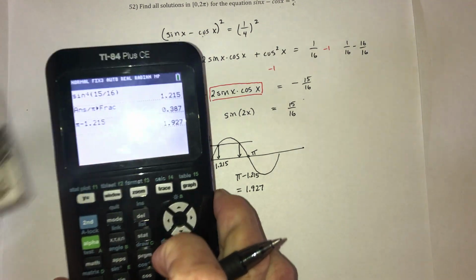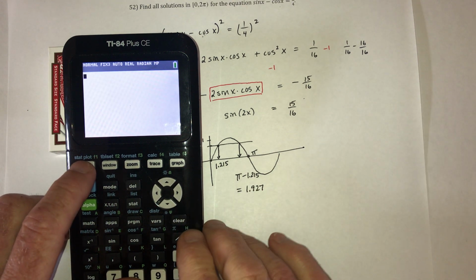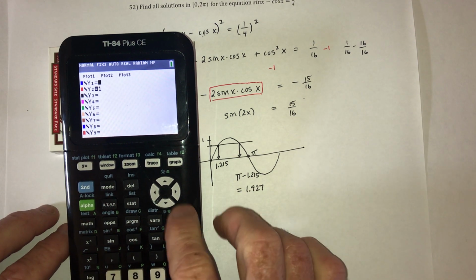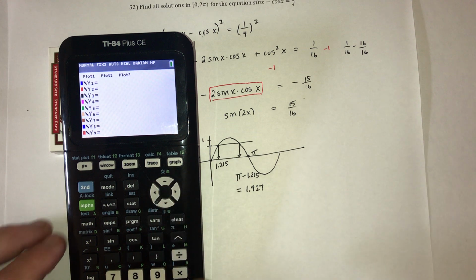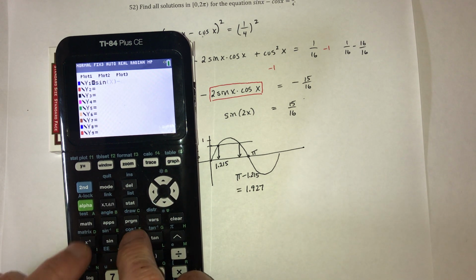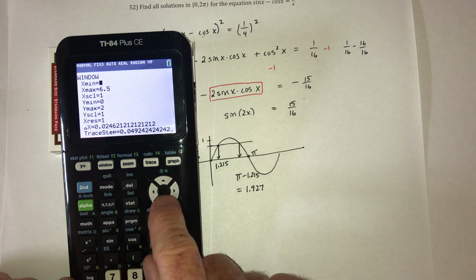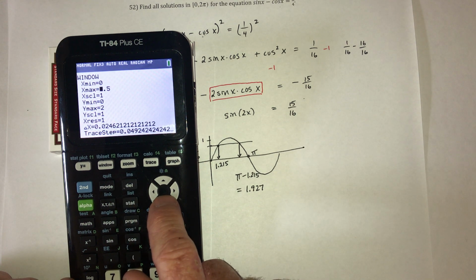Okay, now before I proceed, one thing I want to do is graph it and see how many solutions I'm looking for. So sine of x minus cosine of x, when does that equal 1/4? And we need to change the window to go from 0 to 2 pi.